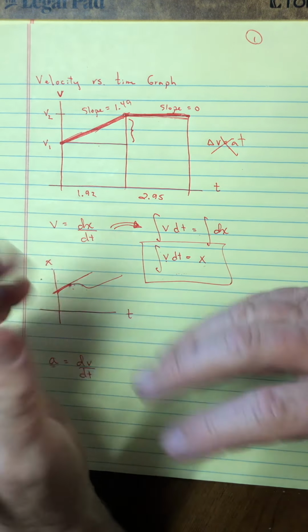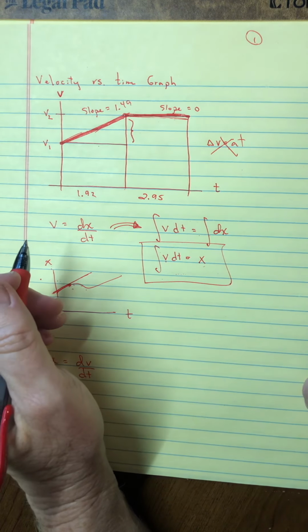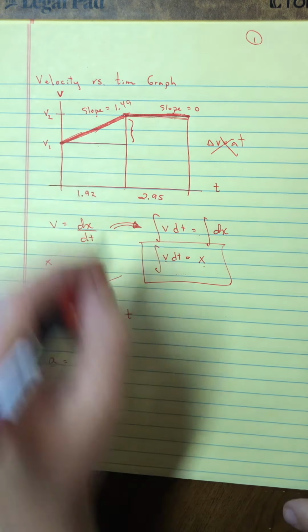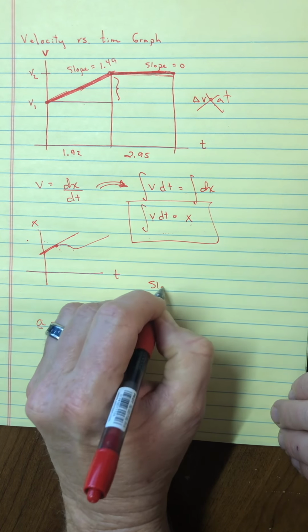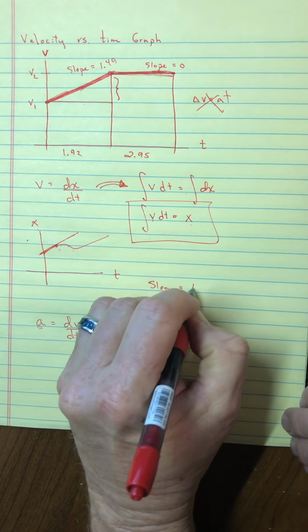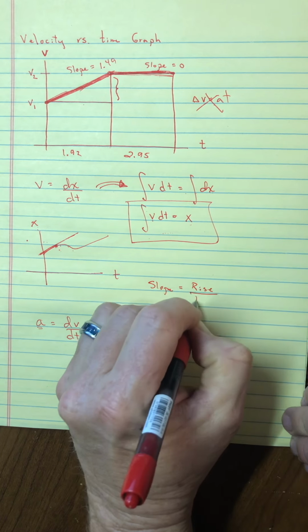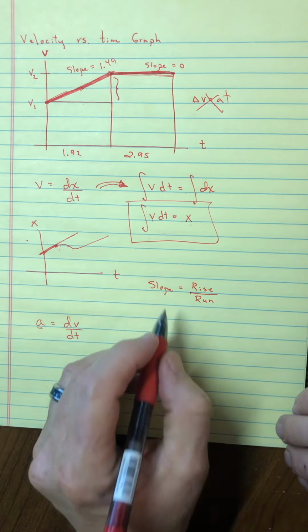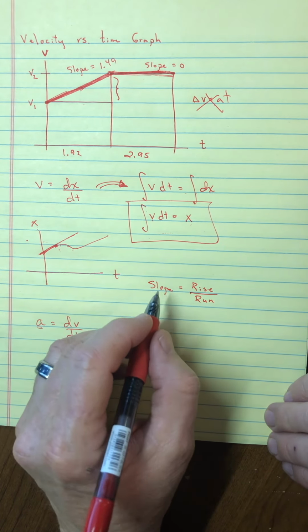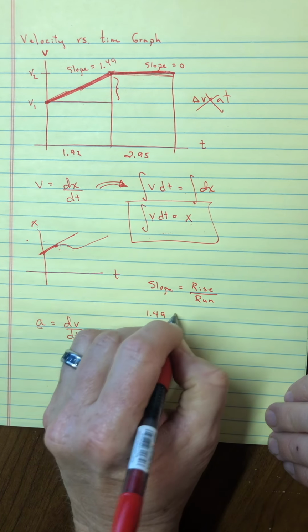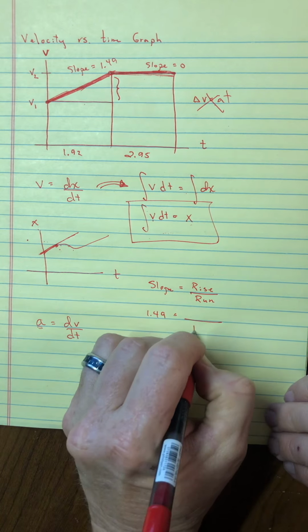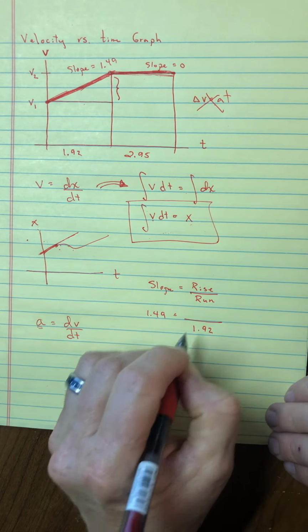But let me just look at the math here, and then maybe come down to this part of my page. So slope is equal to the rise over the run. Okay, so the slope is the acceleration, and the run is the time.